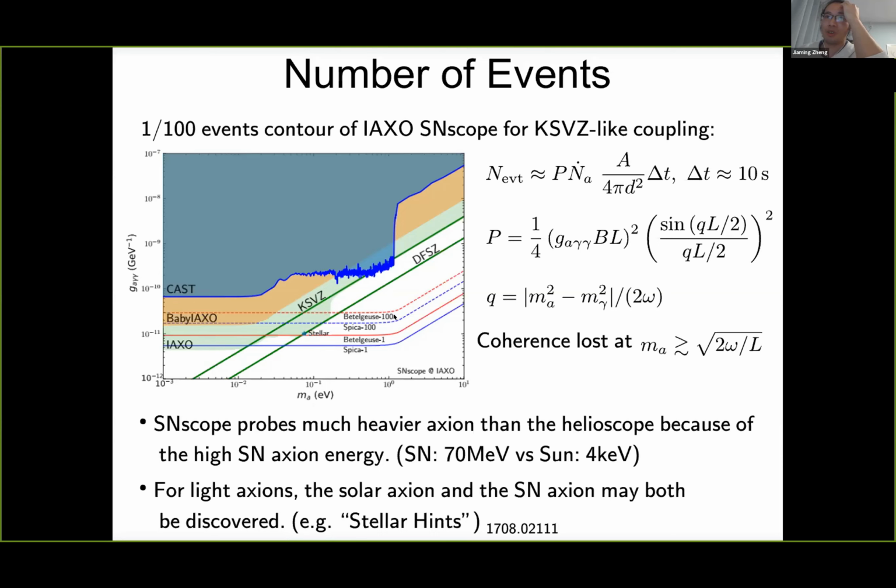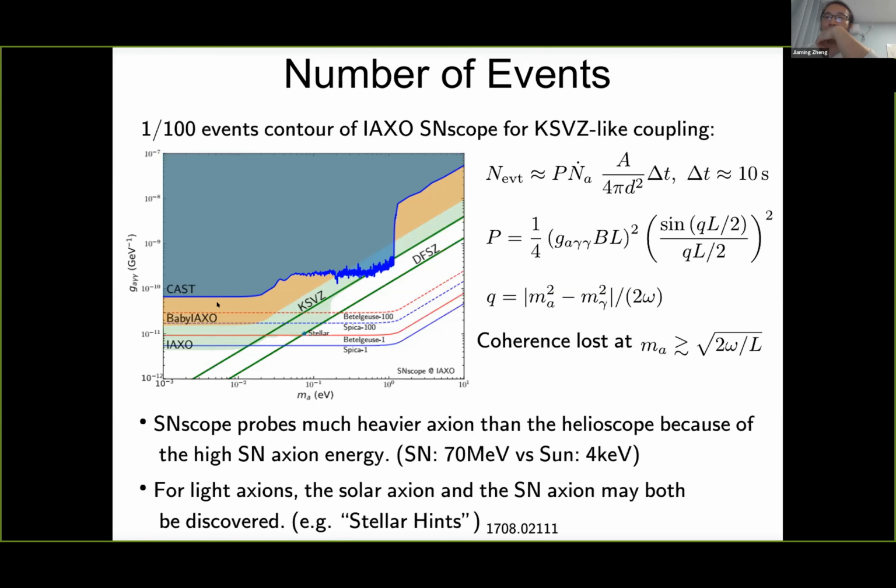Because of this, the supernova scope is much more sensitive than the helioscope in the large axion mass region. And actually, it would be able to cover all the parameter space for the QCD axion with mass larger than 0.01 electron volt. Another feature is that for lighter axions, in this range, the sensitivity of the helioscope and the supernova axion scope is roughly the same.